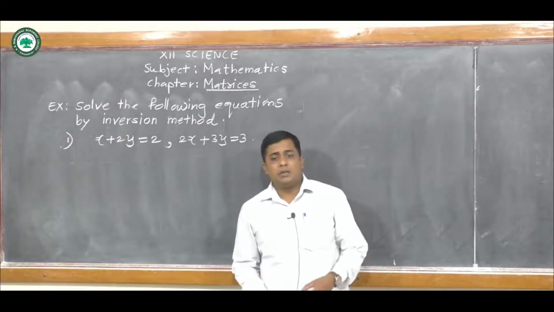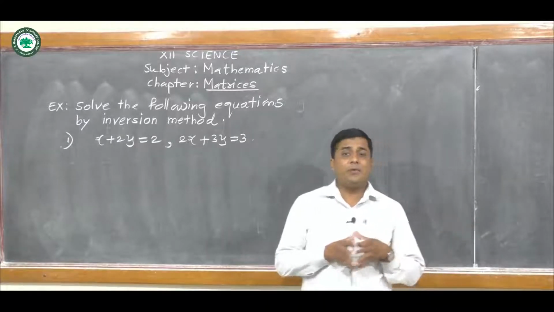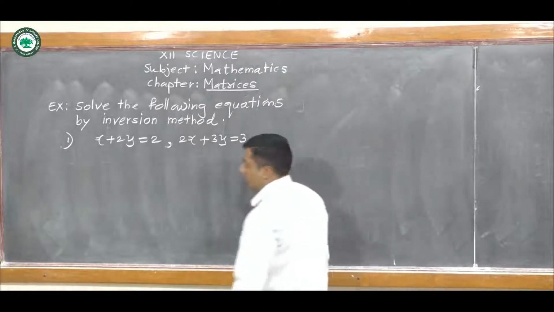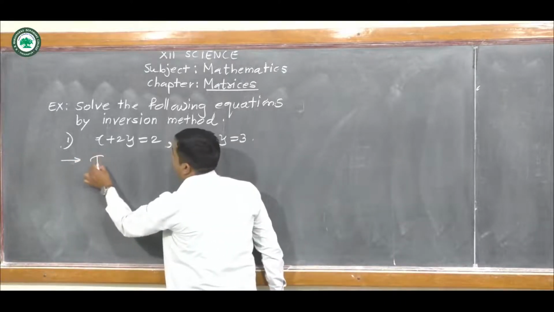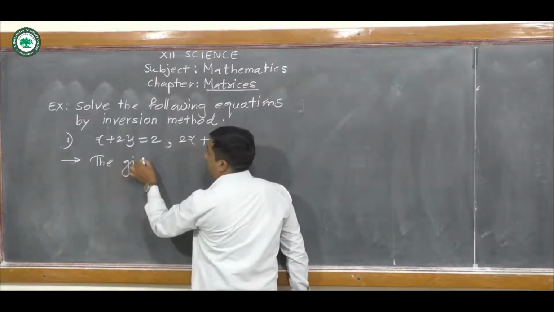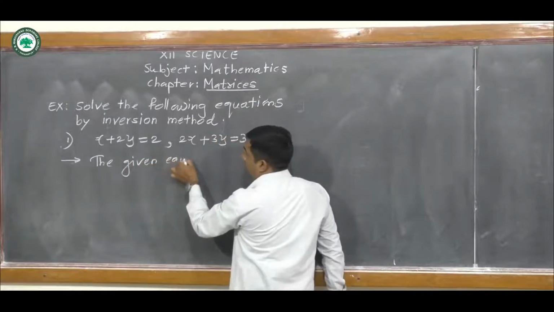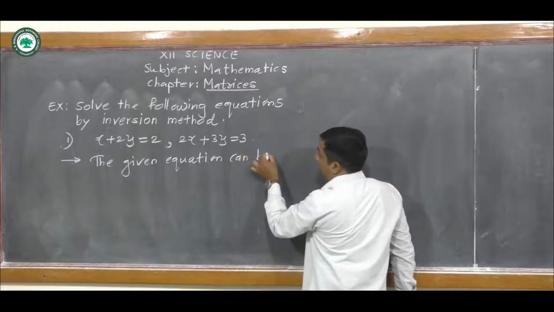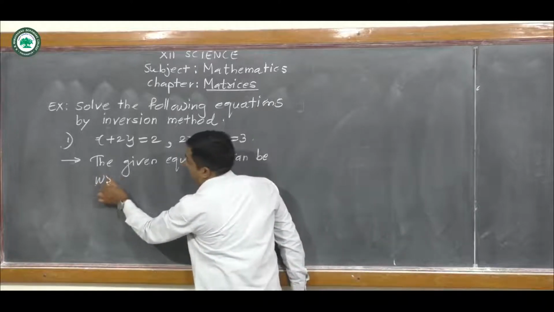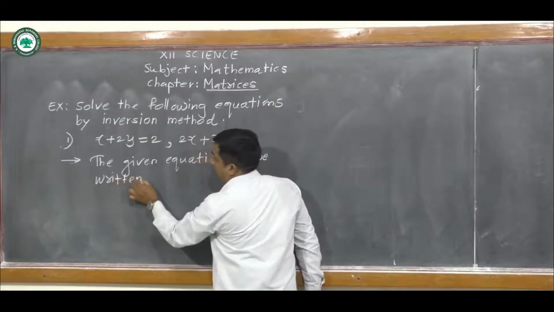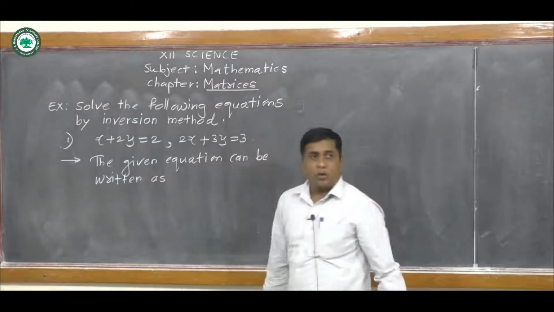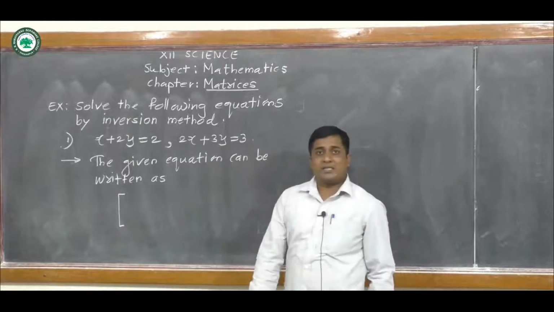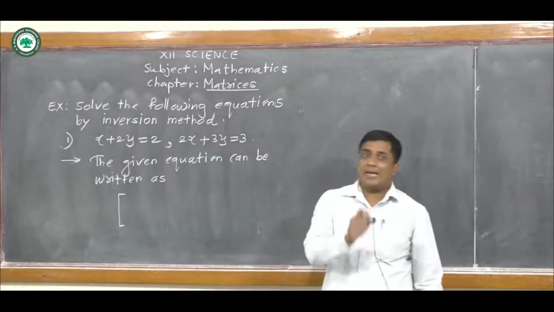Firstly we write the given equation in the form of a matrix equation. So the given equation can be written as follows. Here we consider the first matrix. This matrix has the coefficients of the variables.